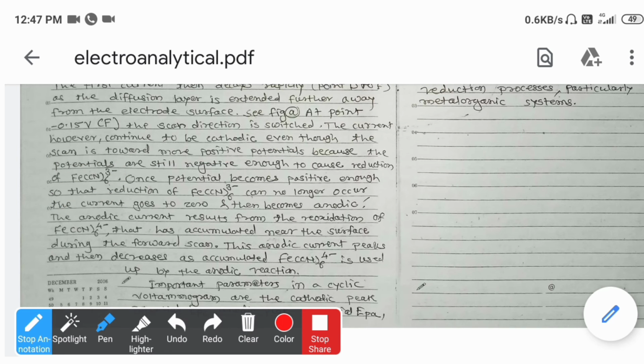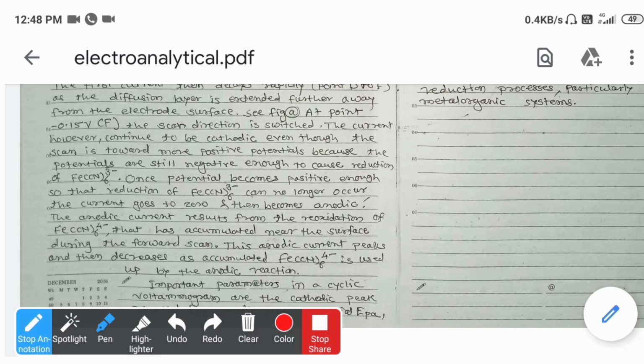So we have seen that reduction of Fe3+ will start from plus 0.4 volt. So even if we have reversed the direction of the potential scan, we still get certain reduction of Fe3+ species into Fe2+. So we get a certain cathodic current.